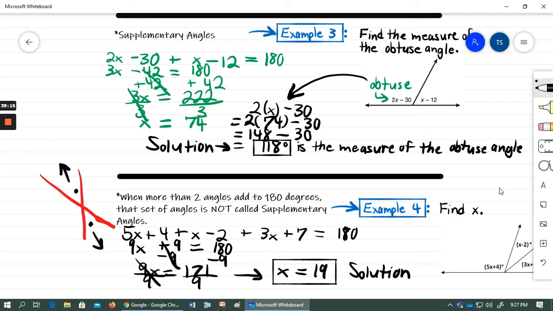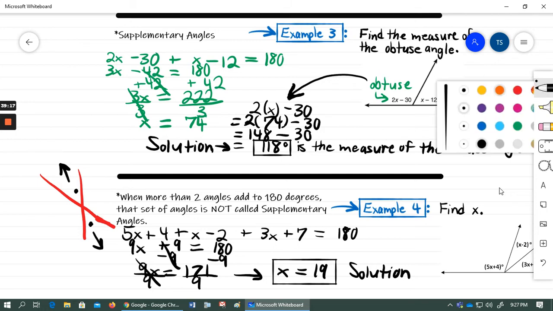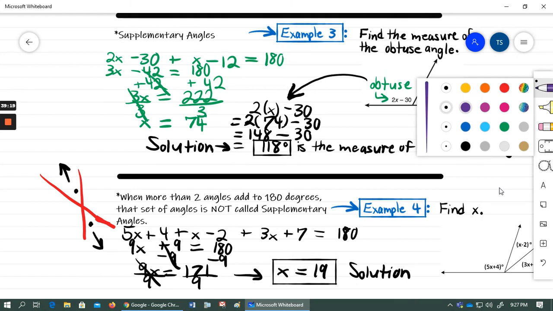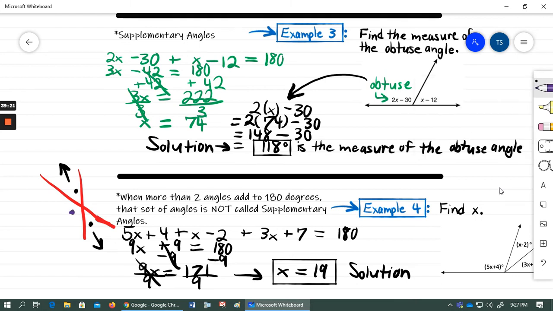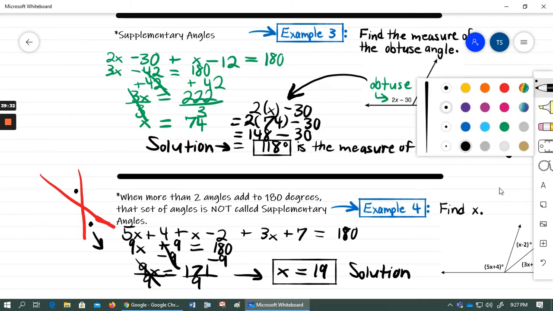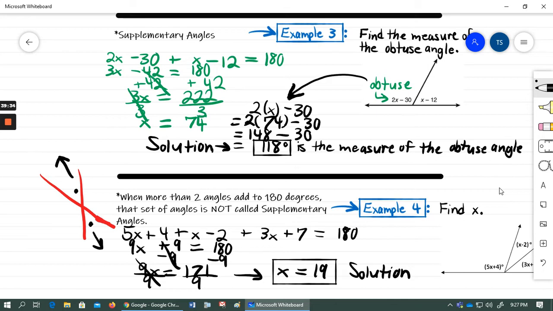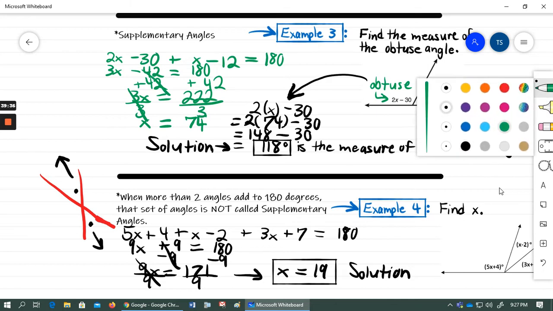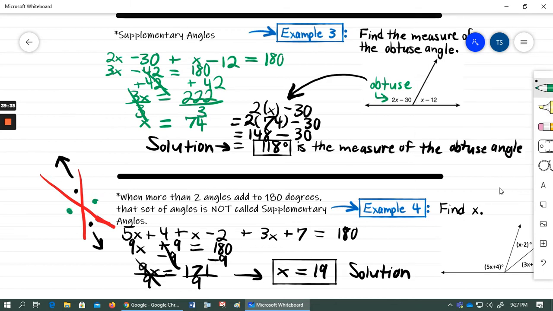Y'all get what I'm saying, right? So those two angles are vertical angles, and these two angles right here, there we go, are also vertical angles.